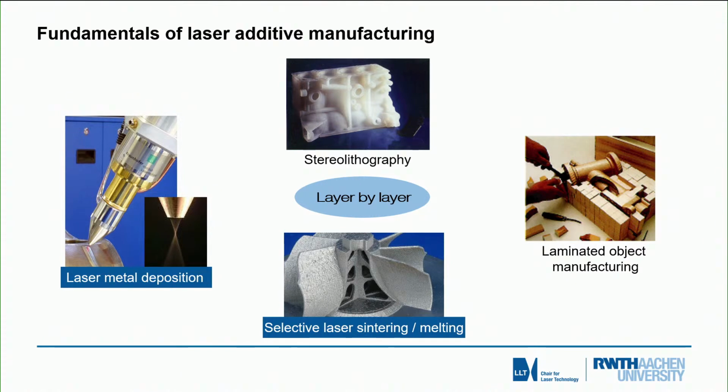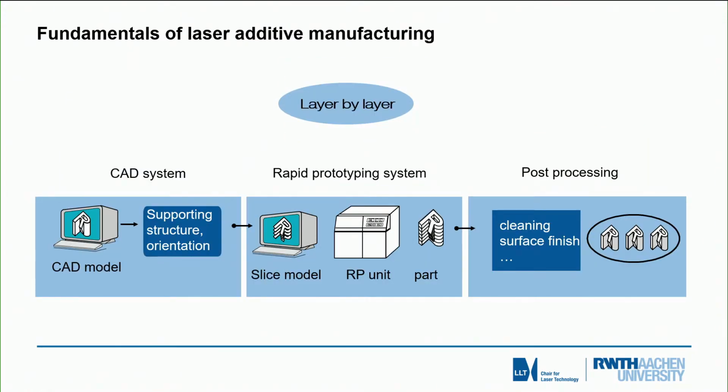So again, the key characteristics of the process are displayed in this very simplified process chain display. We start with a CAD model in a computer, then we slice the information layer by layer.